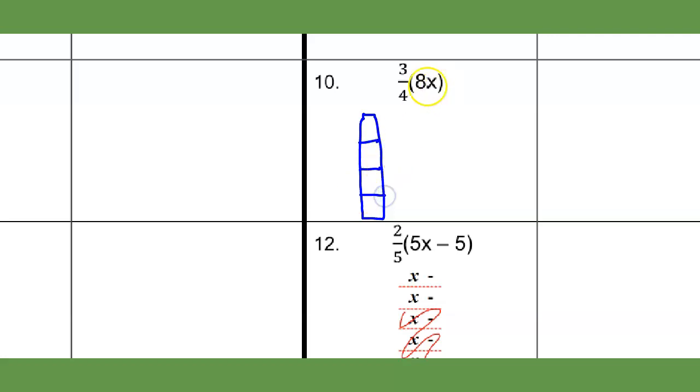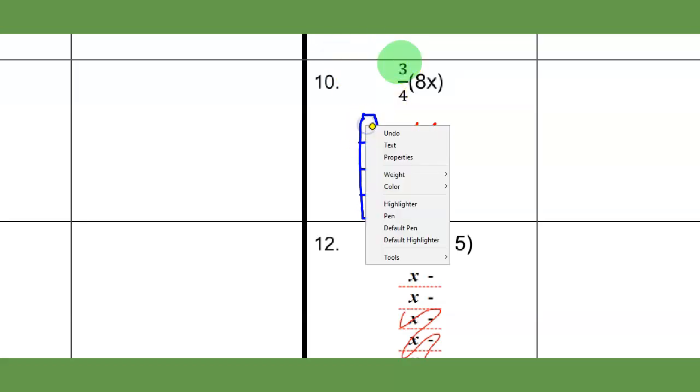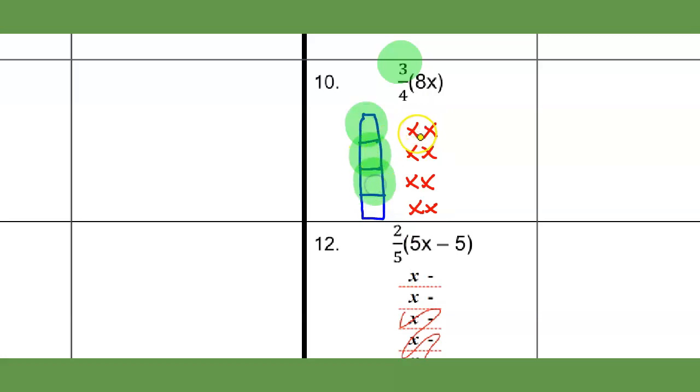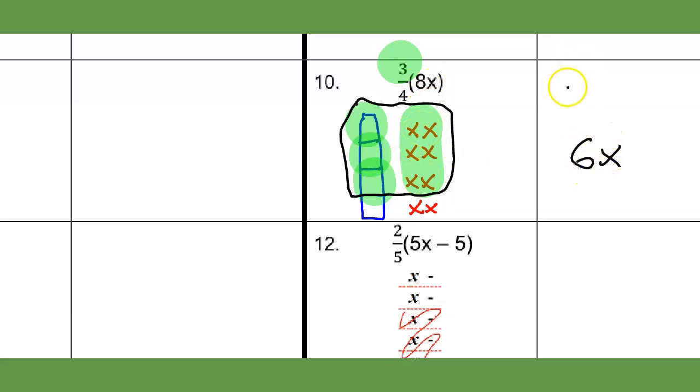Break it up into fourths. And we can divvy up the 8 x's. 1, 2, 3, 4, 5, 6, 7, 8. And since we want to know 3 of these, 1, 2, 3, I know for sure, for certainty, that these 3 out of 4 of 8x will give me 6 x's.